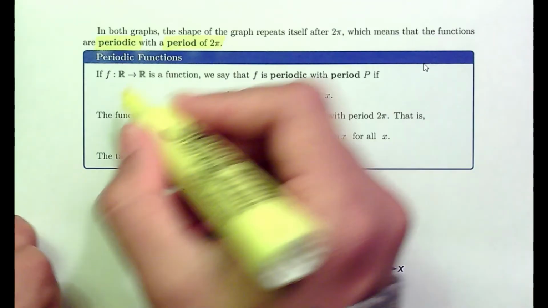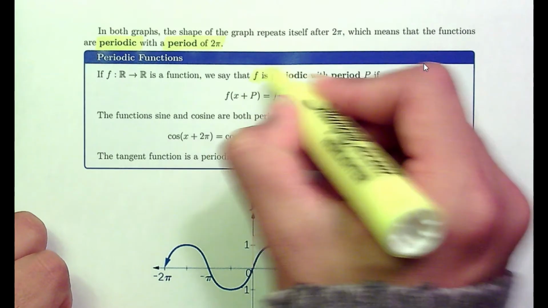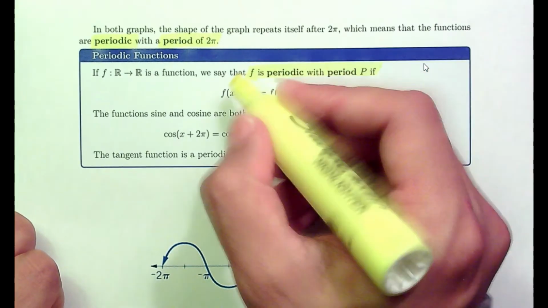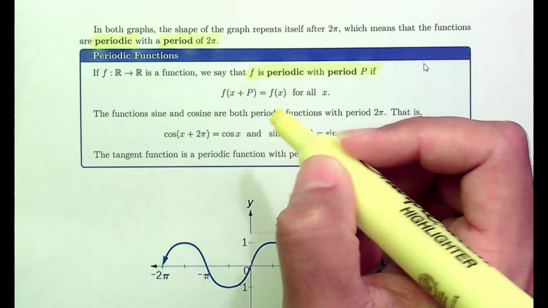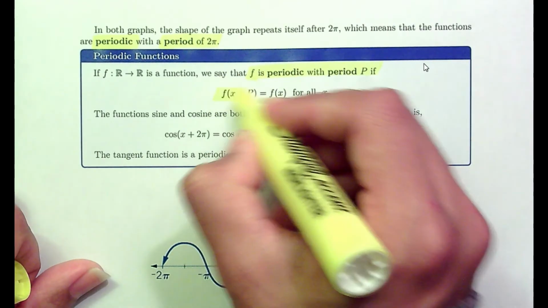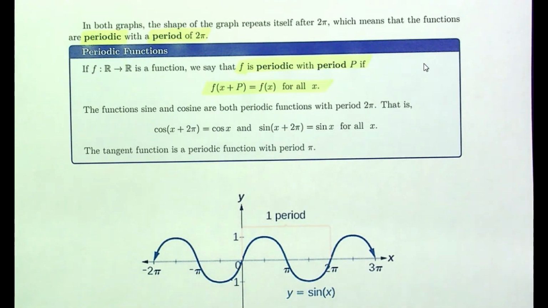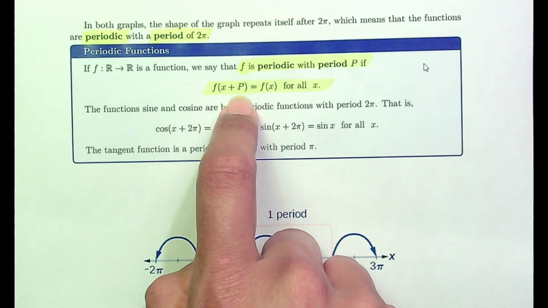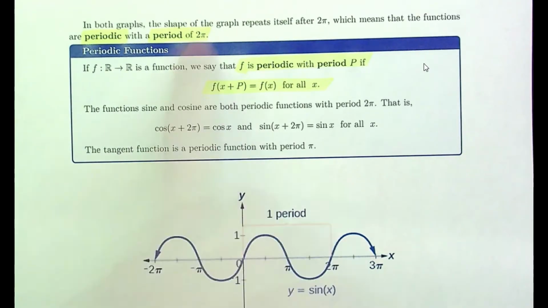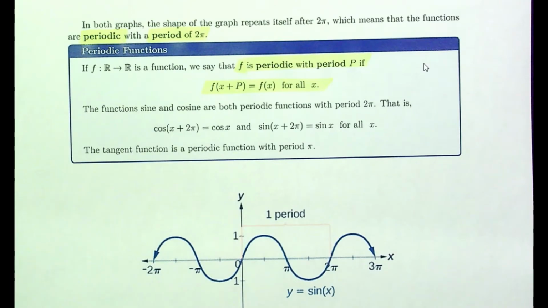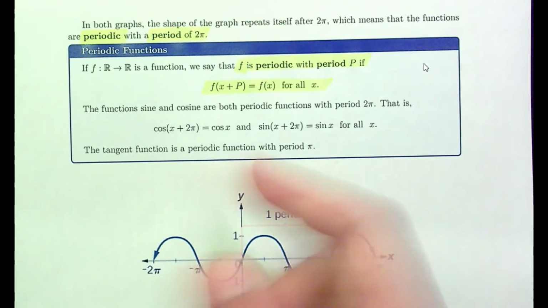Okay, so a function is periodic in general with period p if, in terms of the graph, it repeats itself, but in terms of the equation of the function, that means that when you plug in the period, or in the case of sine and cosine 2 pi, when you add the period, you get exactly the same thing as if you hadn't done anything.